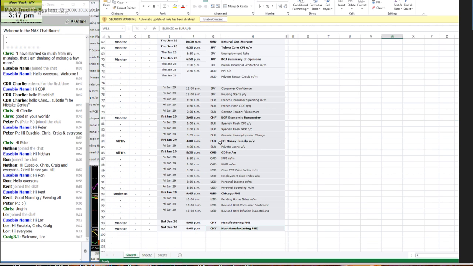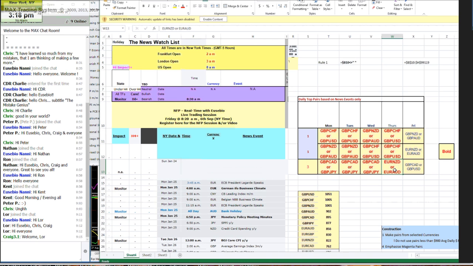Okay, and leftovers from Thursday, we've got the Euro and the CAD, and the US dollar. So we will have the Euro CAD or the pound US dollar.